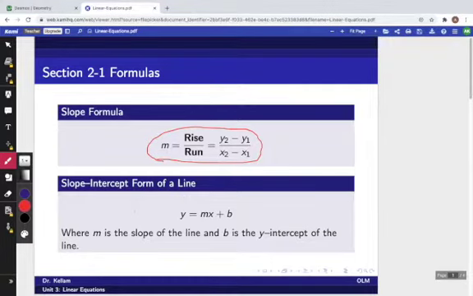And then the slope-intercept form of a line. This is the most popular version of a linear equation for many reasons. The big thing to remember is that this equation can give you a lot of information, depending on what you're looking for.